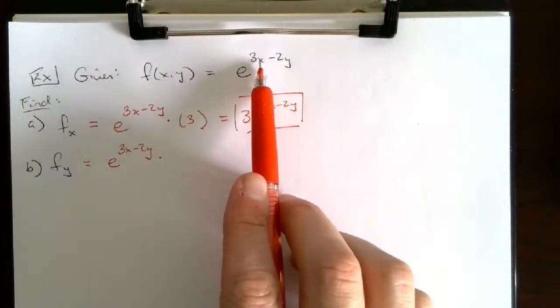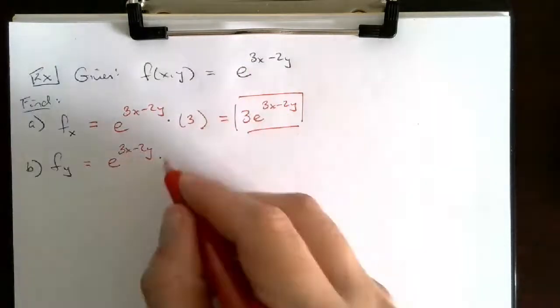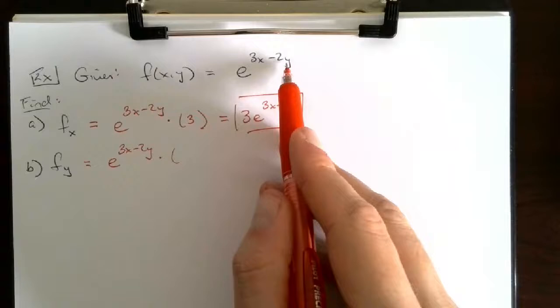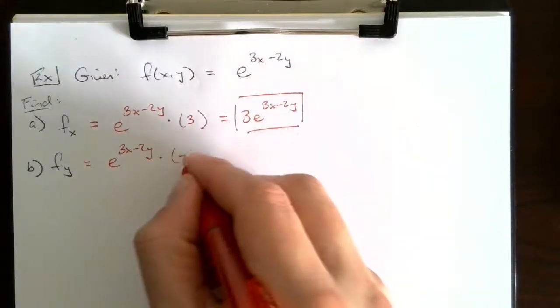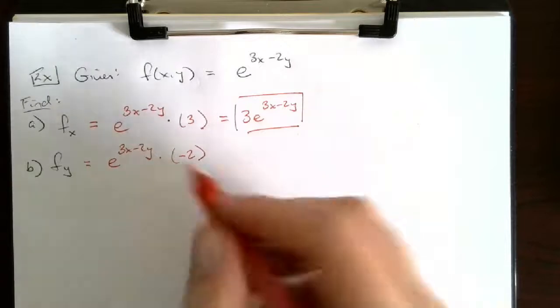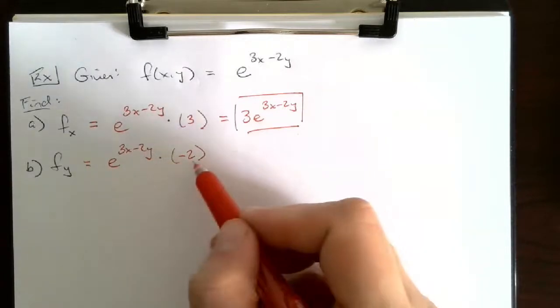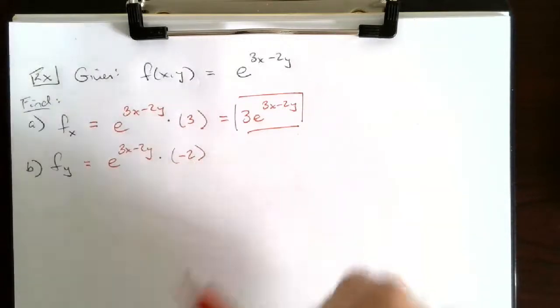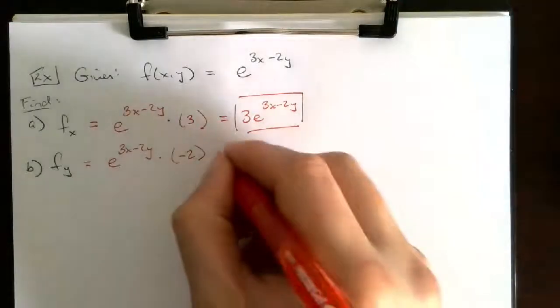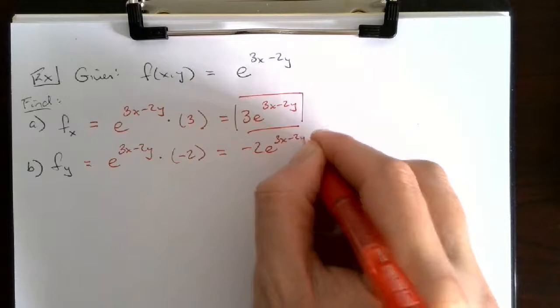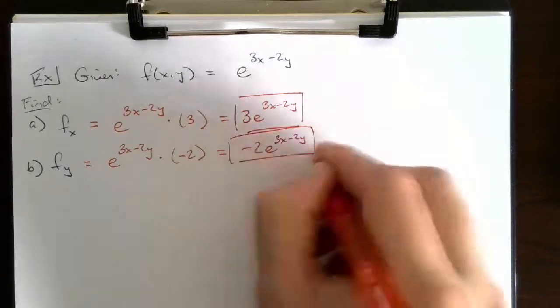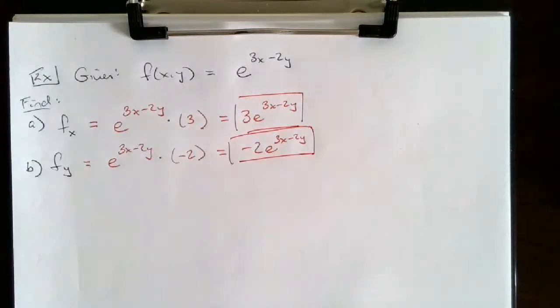So 3x is a constant, so the derivative of that would be 0. The derivative of negative 2y, well, it's going to be negative 2. So we have e to the 3x minus 2y times the derivative of the exponent, which is just negative 2. And so simplifying this, it's negative 2e to the 3x minus 2y. And you leave it at that.